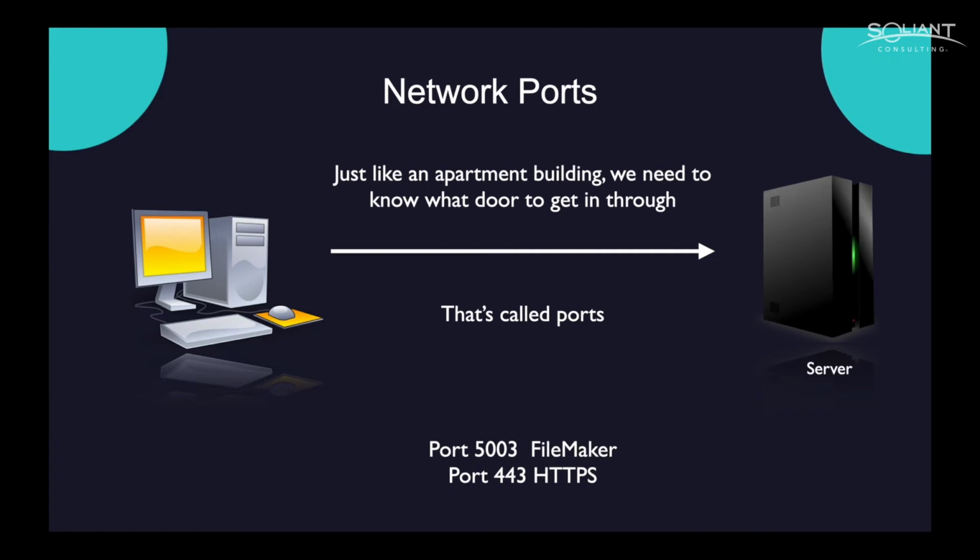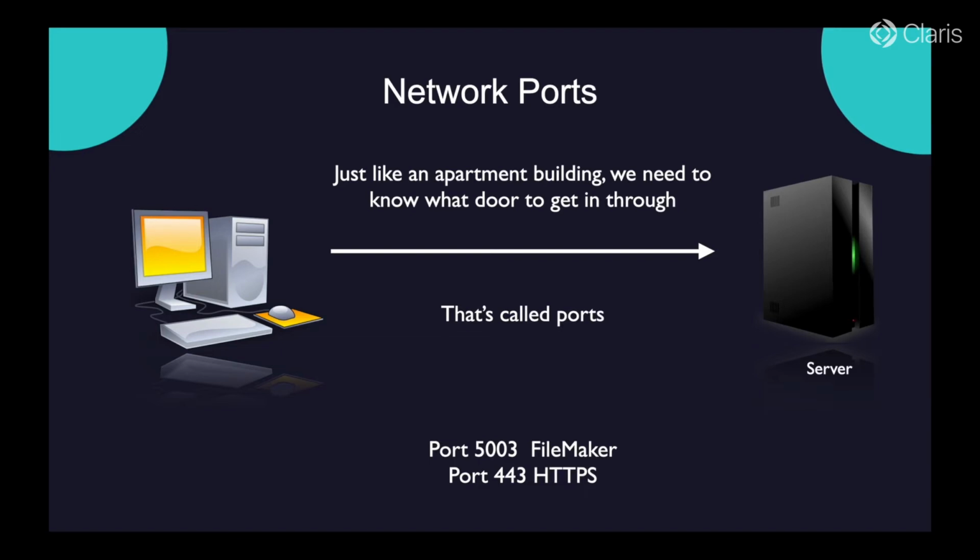Now, when you know the address, typically you never go directly to a server. You go to the firewall or the router of the place where the server sits behind that. So in order to get into the server, we need to know which door we can get in through.